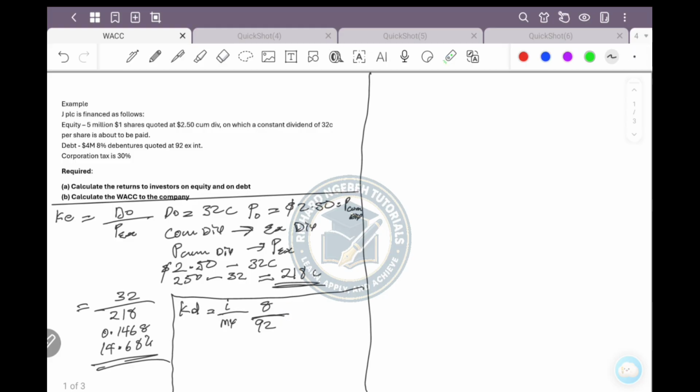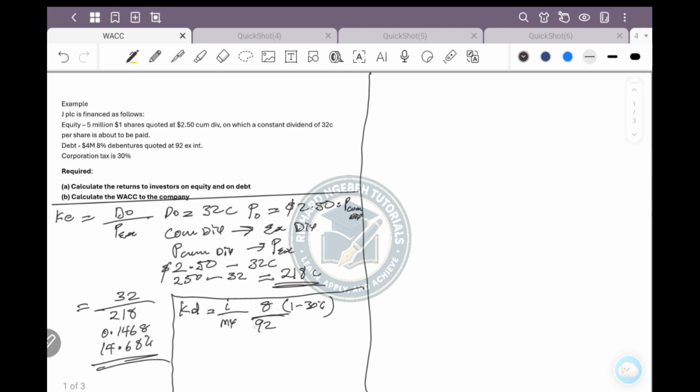But remember here that tax is going to affect this one. You have to reduce the tax rate. So whenever you have a tax, you have to reduce it from the cost of debt. So how are we going to do this? When you have this formula, you have to say in bracket 1 minus tax.